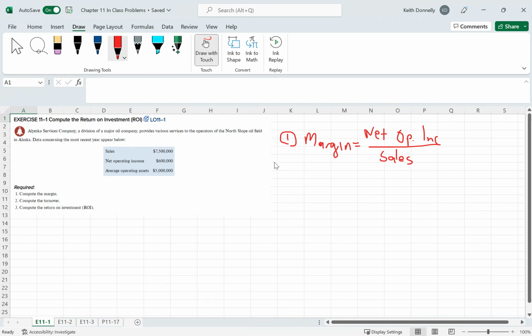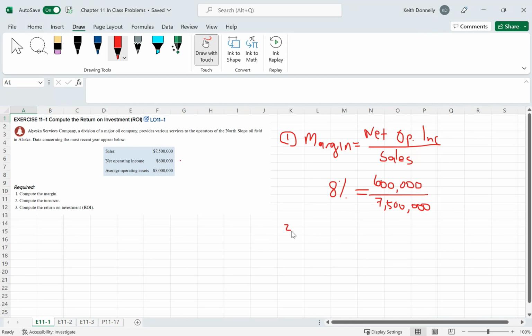So we'll take this net operating income of 600,000 and divide that by our sales of 7,500,000. And that's going to get us a margin in this case of 8%. So the answer to 1, the margin is going to be 8%.